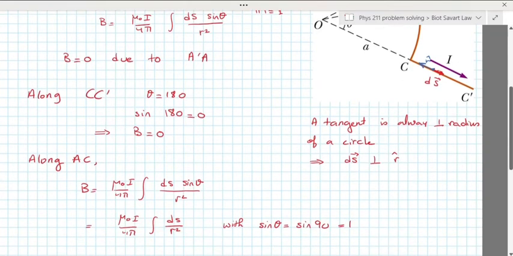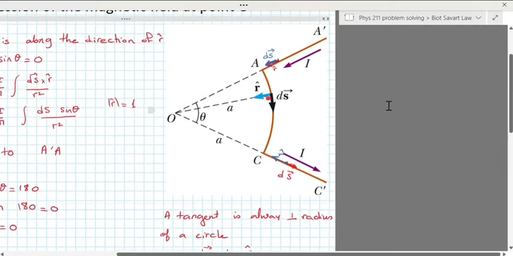To solve this integral, like we said before, we always have to keep everything in terms of one variable. I'm integrating over ds, so it's better for all variables to be in terms of ds, or s actually. However, we can see that r here is always constant along the arc AC.